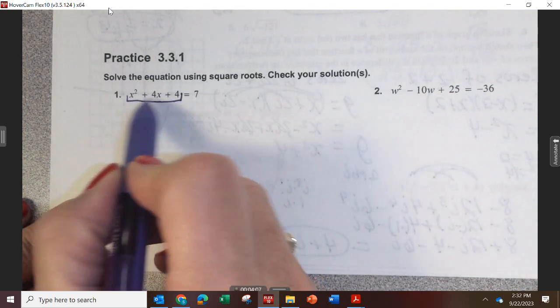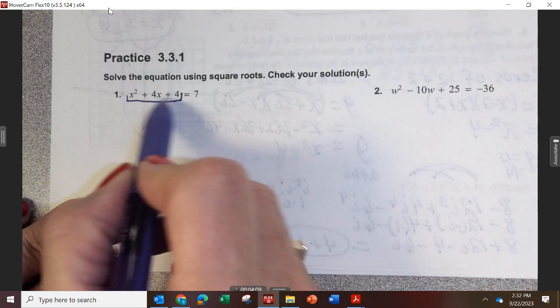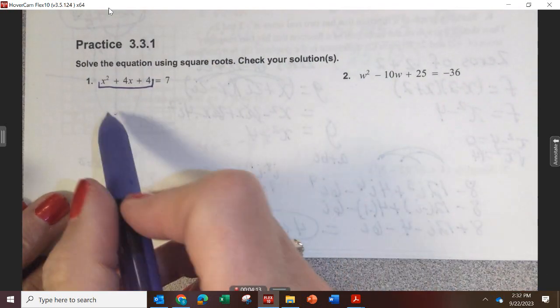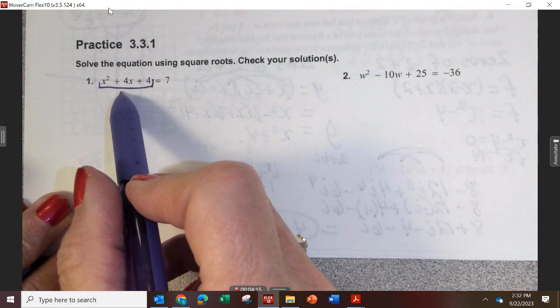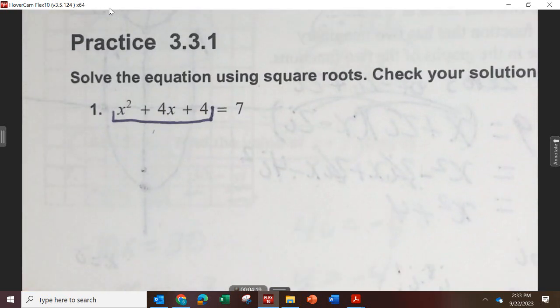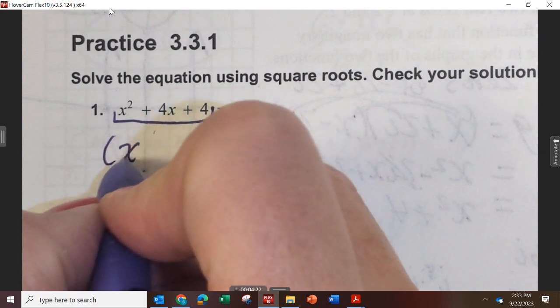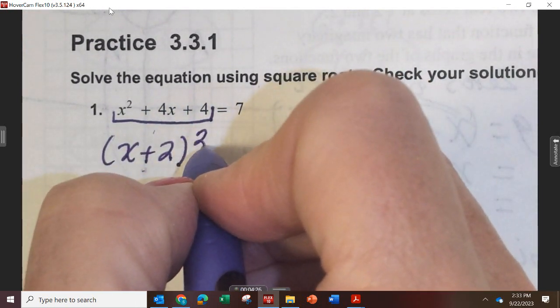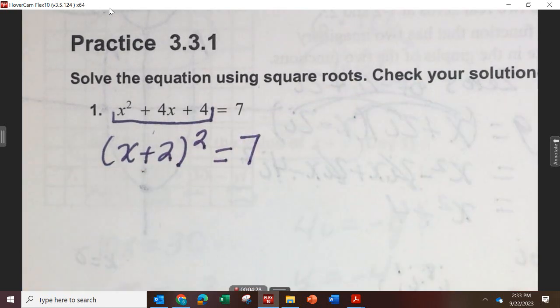So how can I rewrite this? Look up above. How did we rewrite it? Another name for this is x plus 2, then what? Squared equals 7.